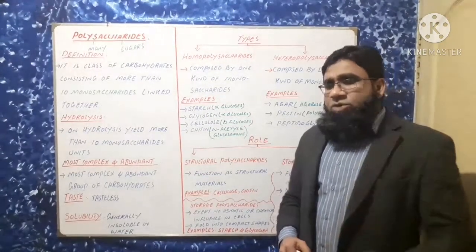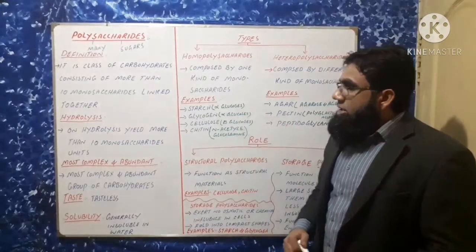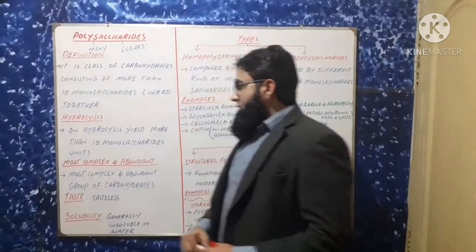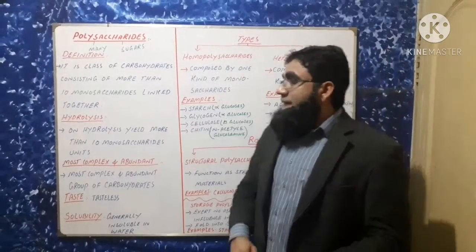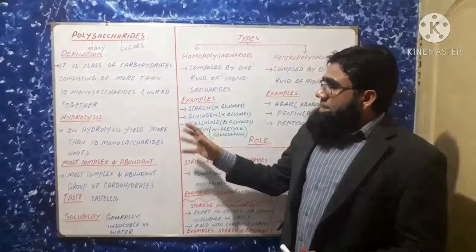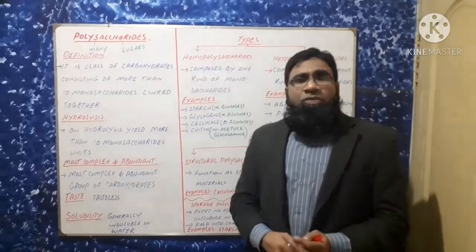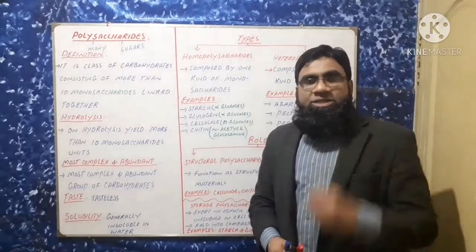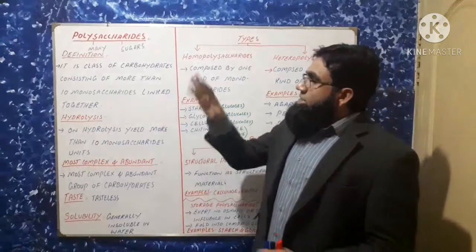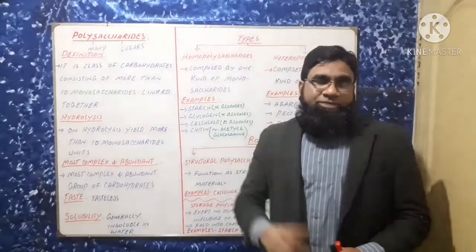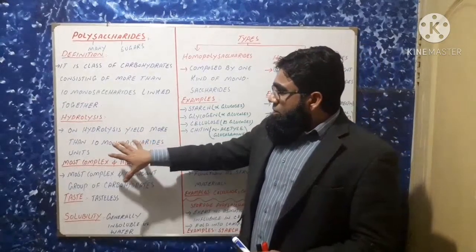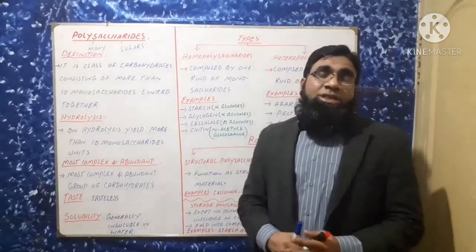Let's discuss their hydrolysis. On hydrolysis, the polysaccharide units yield more than 10 monosaccharide units. Basically, these polysaccharides are made up of more than 10 monosaccharide units, and if we dissolve them in water, they will break into many monosaccharide units, more than 10.